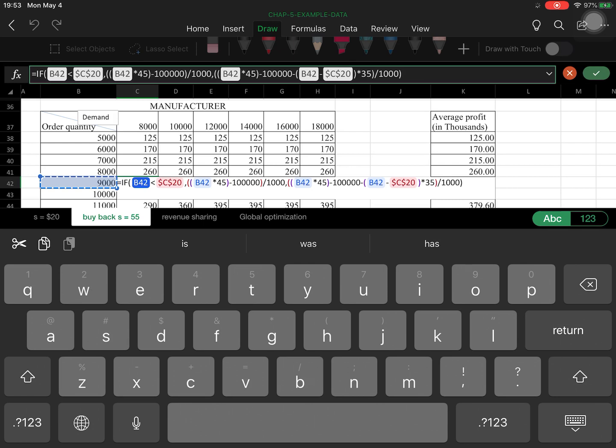And if the order quantity is larger than the demand, then the profit is the order quantity multiplied by the marginal profit, minus fixed cost, and minus the loss. The loss will equal to the extra product, that is the order quantity minus the real demand, multiplied by marginal loss, that is 35. Okay, that is quite easy.